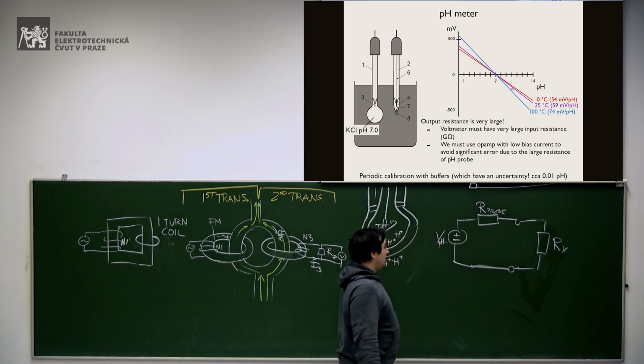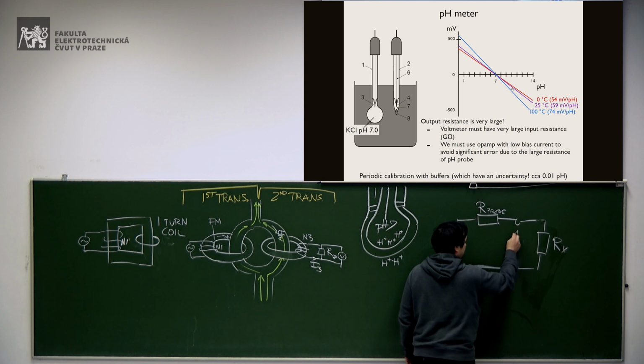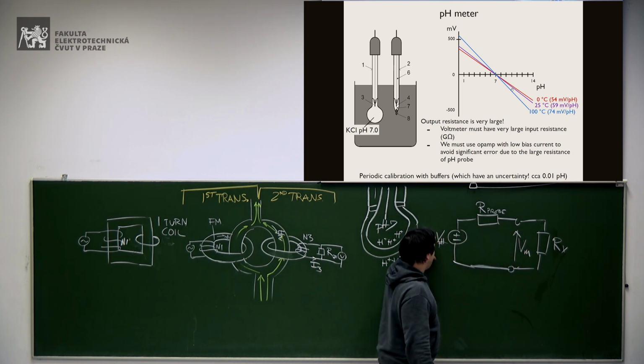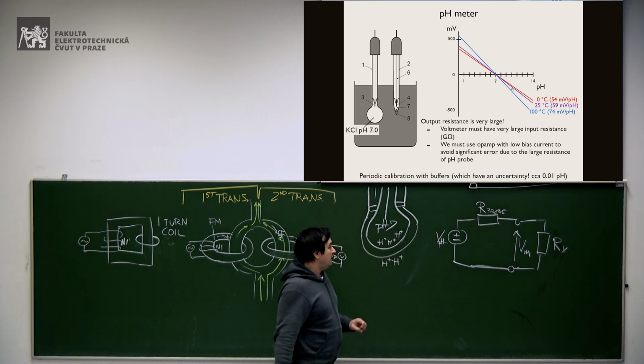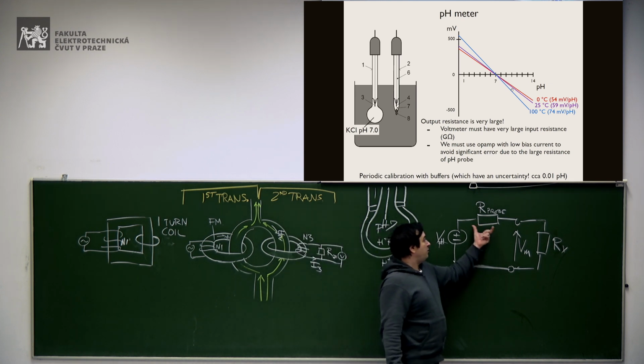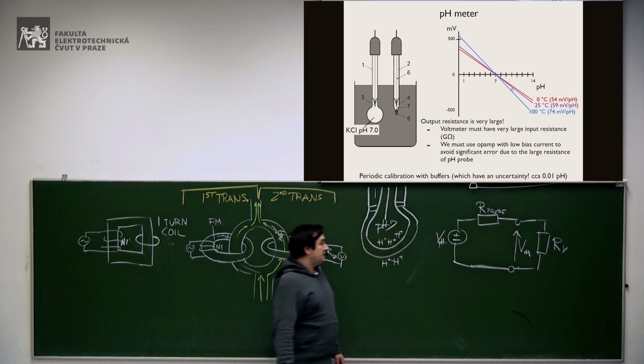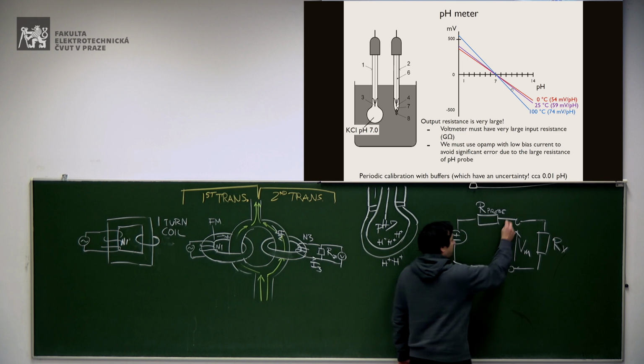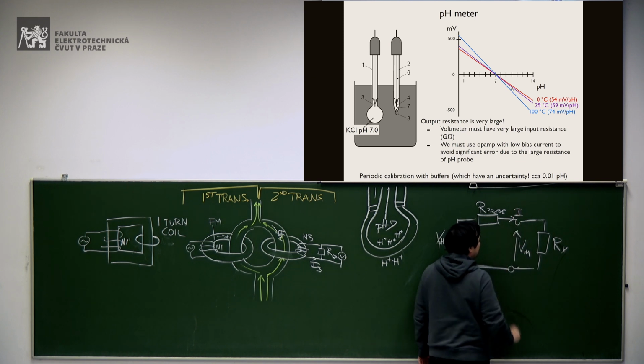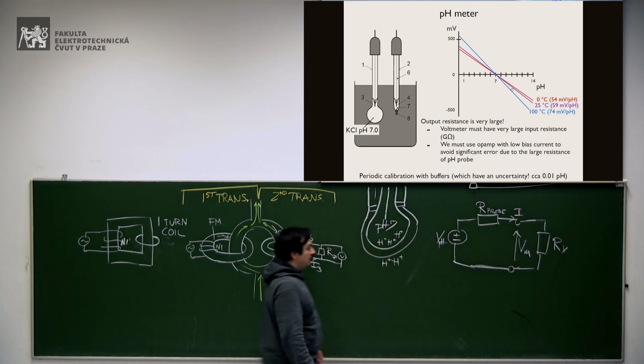And of course, here you will have a voltage that you measure, which is the voltage created by the probe minus the voltage drop on the resistance of the probe. And this voltage drop depends on the current that you have in this circuit.